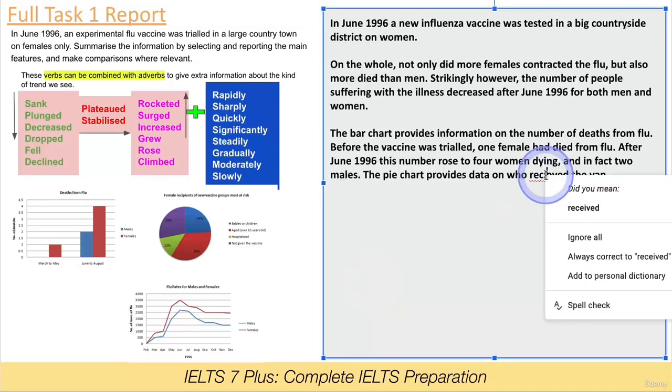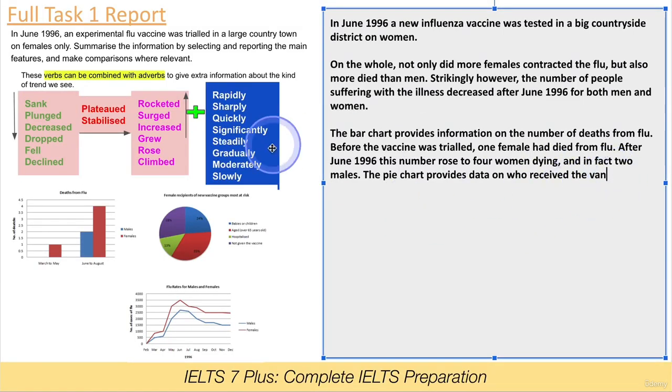Oh, not I before E, E before I there. Goes against the rhyme. Who received the vaccine, and the largest majority or the largest proportion of women were over 65 years old. Then we're followed by people who are not given the vaccine, hospitalized, and babies and children.